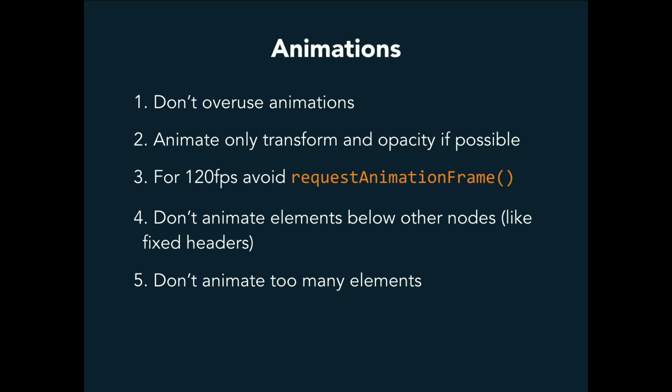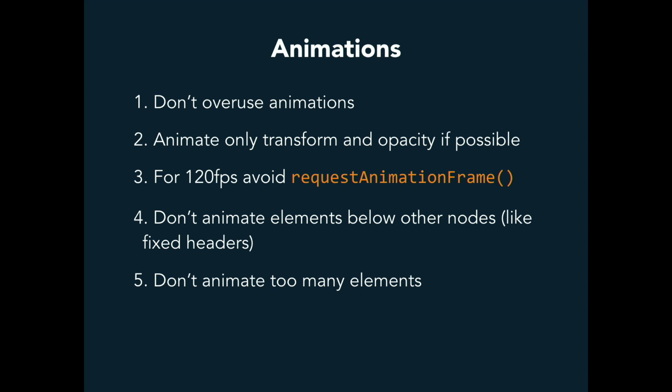If you want to now support these 120 frames per second devices with animations, you should rather avoid using requestAnimationFrame. This is because some of the browsers have a cap of 60 frames per second. It will never go to 120 frames per second with requestAnimationFrame. It's an implementation feature there.